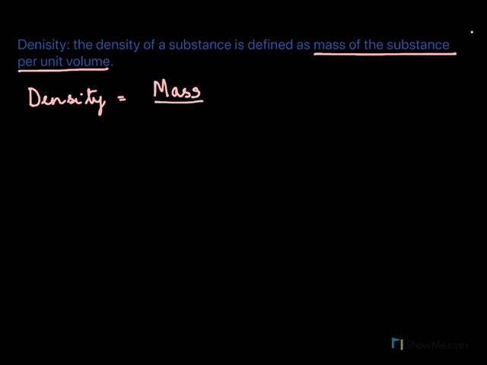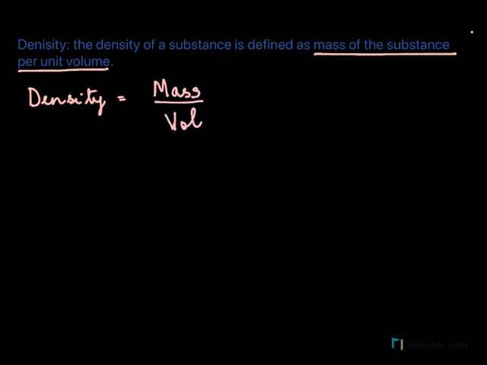To further understand why some objects float and some objects sink, we need to know a quantity called density. Now the density of a substance is defined as the mass of the substance per unit volume, which means density is equal to the mass of the substance over its volume.